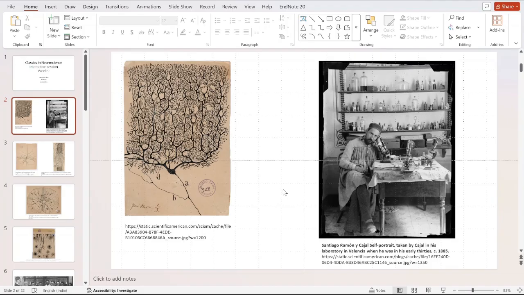Many of Cajal's students and disciples had to flee or run away from Spain during Franco's regime.